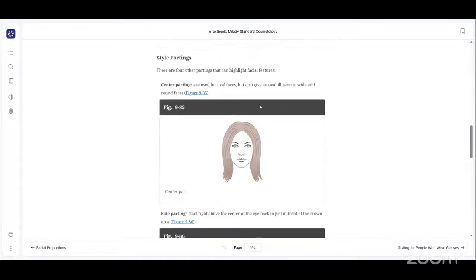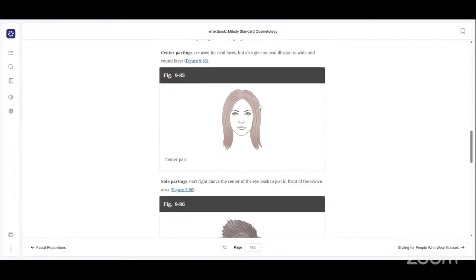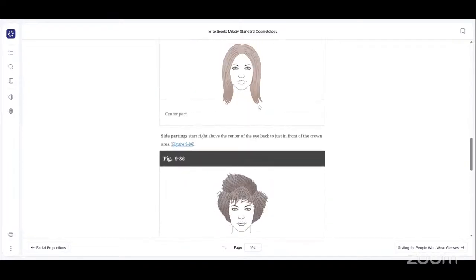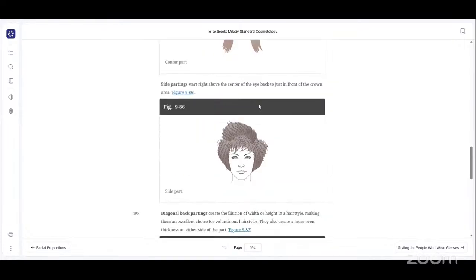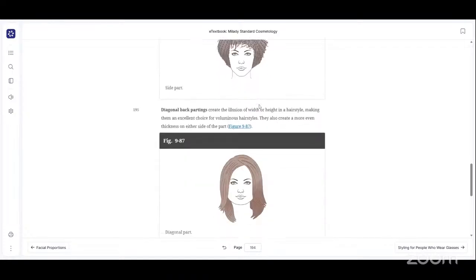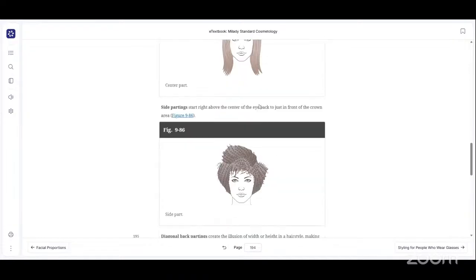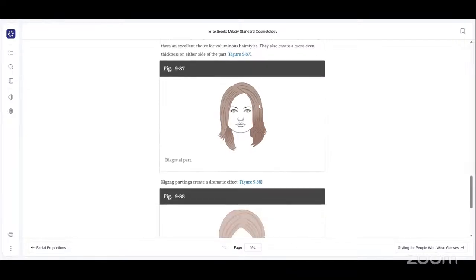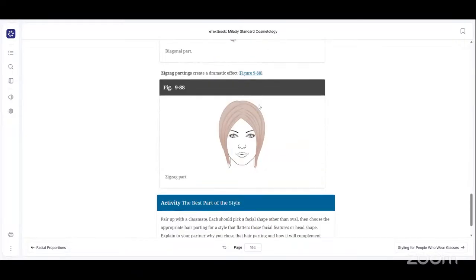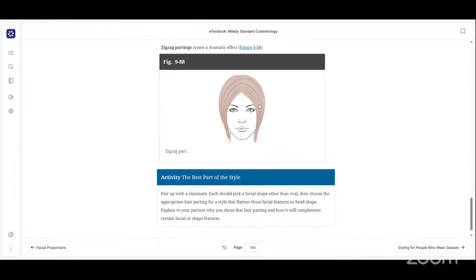Style partings, center partings. You have four style partings: center part, side part. I don't know what kind of curl, what kind of style is that. Diagonal back, okay? So we have center, side part, diagonal back, and a zigzag part, okay? All right, zigzag creates drama.